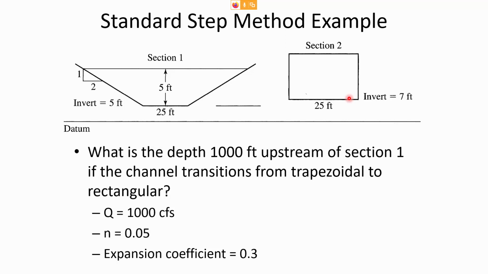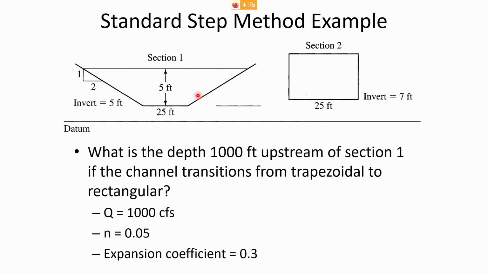So we know the delta Z between the two sections. We know how far apart they are, the flow rate through the channel, the Manning's roughness value, and the C, the expansion coefficient, having to do with the transition between a rectangular and a trapezoidal channel. Alright, so that's the background.